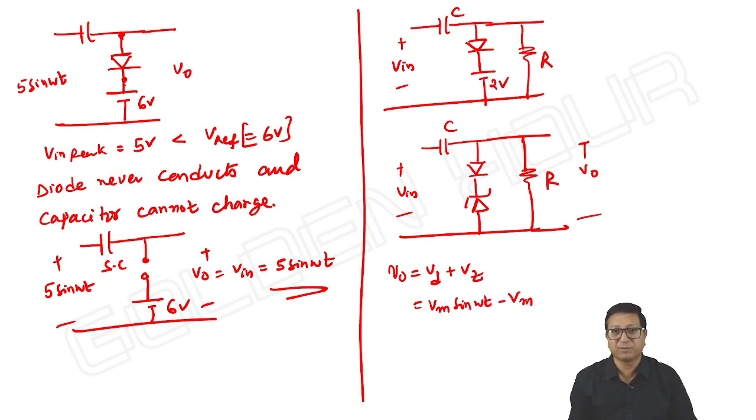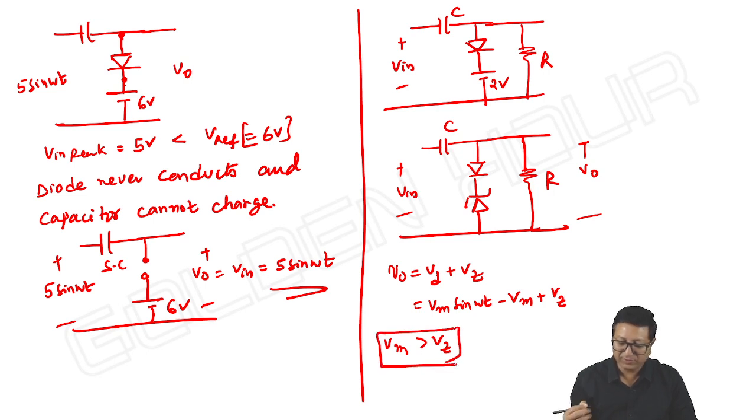Instead of writing 5 sin omega t minus 5, I'm writing Vm sin omega t minus Vm plus Vz. Condition is Vm should be greater than Vz. Must and should. Otherwise, the circuit doesn't work. Instead of V reference, some reference voltage, I am placing here some Zener. I hope you all get the point.